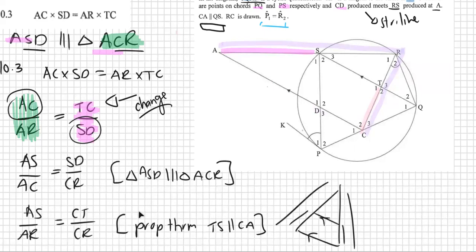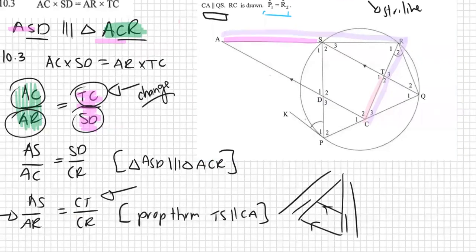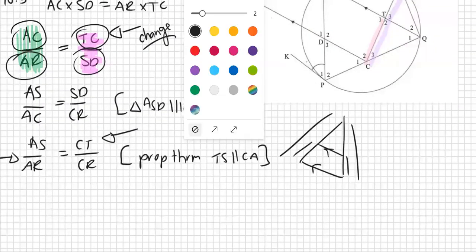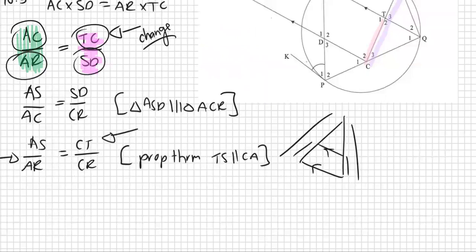Okay, so now I see that we've got AR over here, and we've got the CT somewhere. So we're starting to get all the components of our proof in there. Let's see where it's leading us.